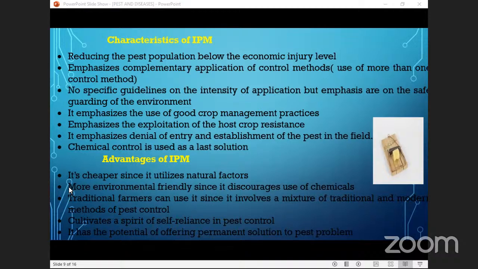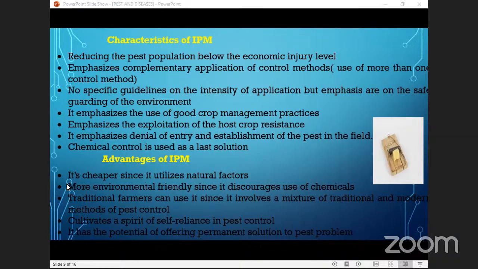Mulching. Very good. We have thinning, mulching, pruning, even harvesting is there, spacing. Okay. Those are the very good management practices. The other is it emphasizes the exploitation of the host crop resistance.